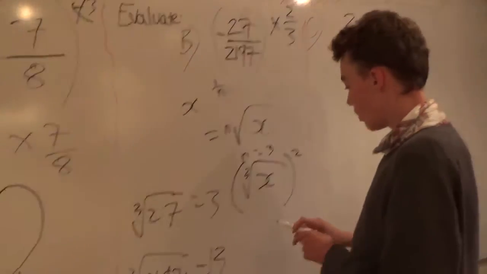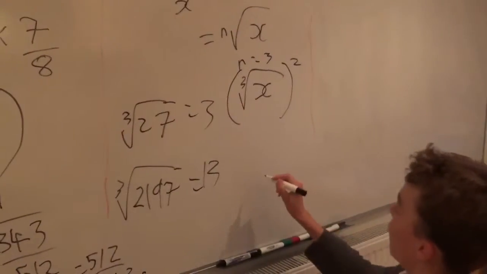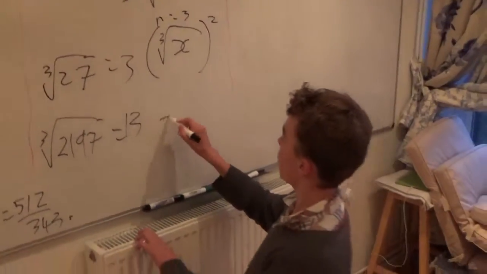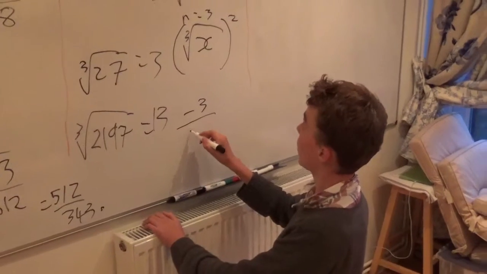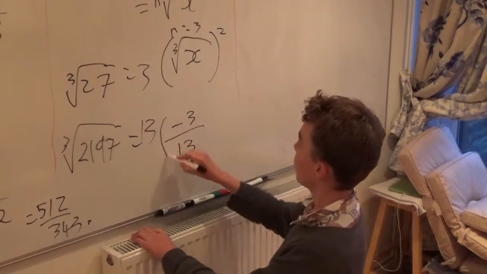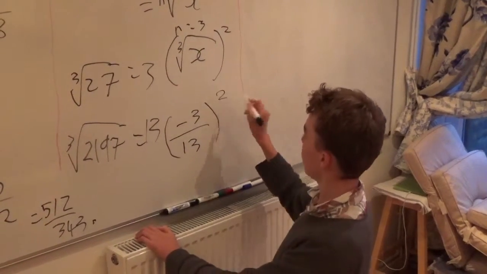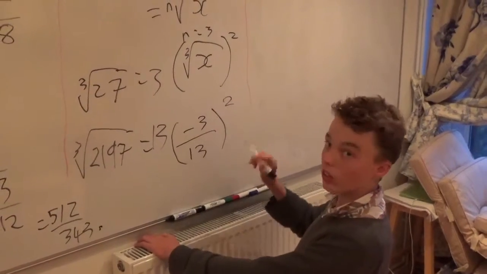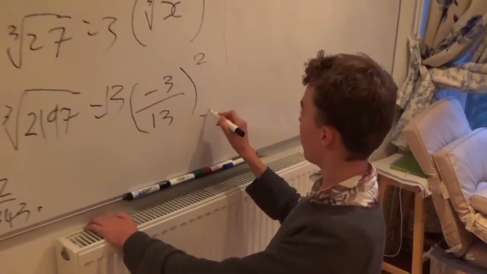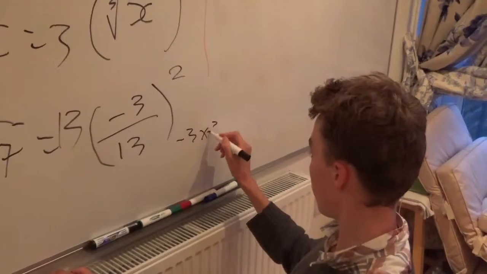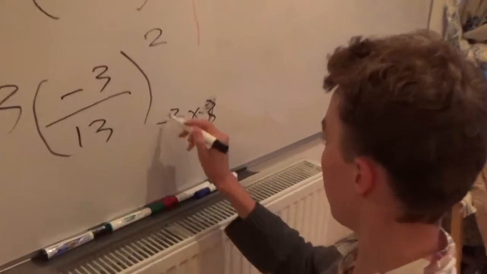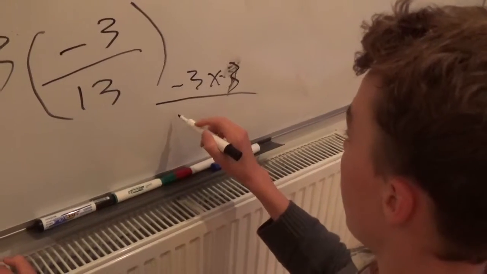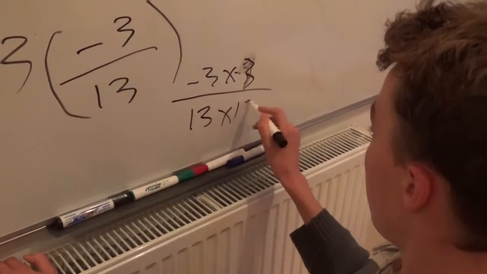Now let's convert that to minus 3 over 13 squared. So you just square each number now. It's effectively minus 3 times minus 3 all over 13 times 13.